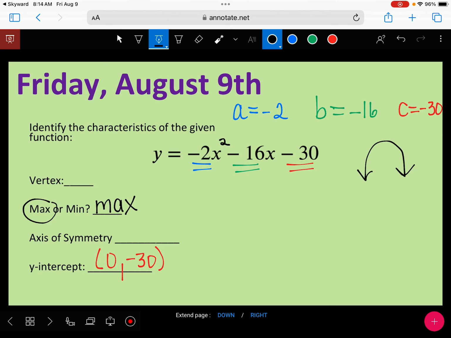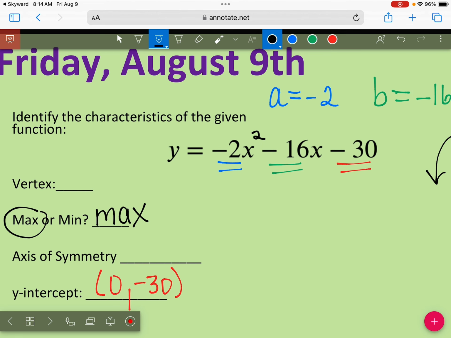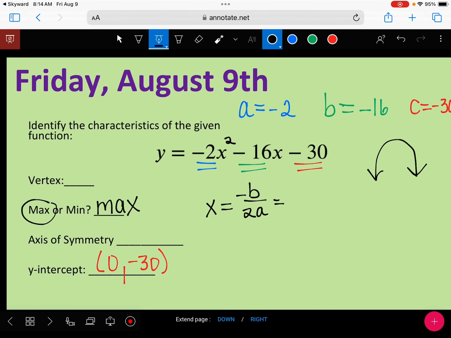All right, so now let's find our axis of symmetry. So the formula would be x equals the opposite of B divided by 2A. So B is -16, so the opposite of -16 is +16. And that's divided by 2 times -2. That's divided by 2 times -2.